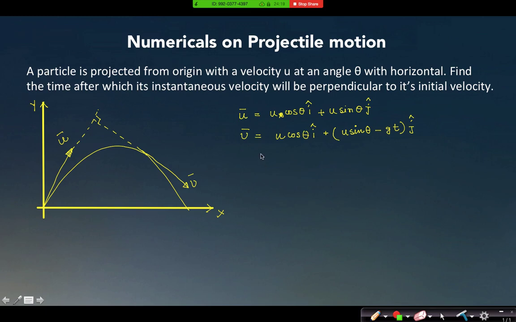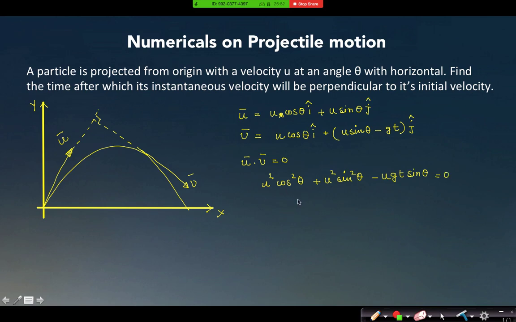Now you can solve this question. Just try to solve in your copy. Make u dot v equal to 0 and find the time. If you do the dot product, what will you find? I'm just writing the dot product, you can check. u square cos square theta plus u square sin square theta minus u g t sin theta is equal to 0.